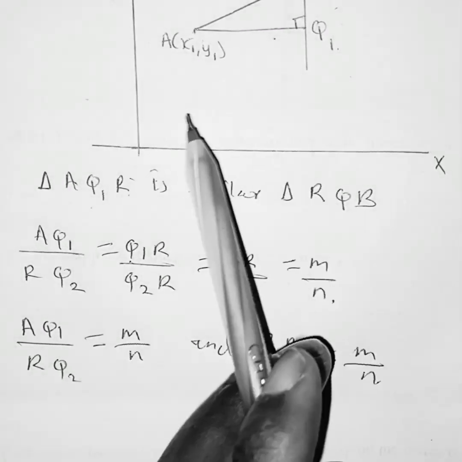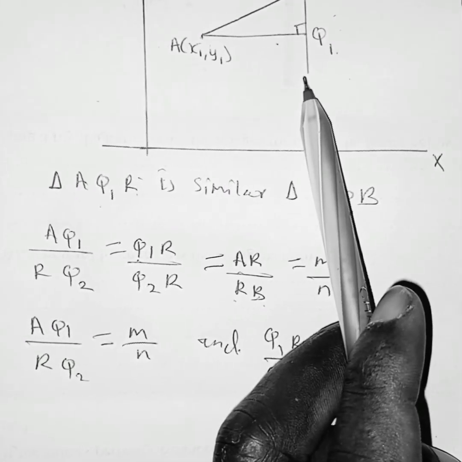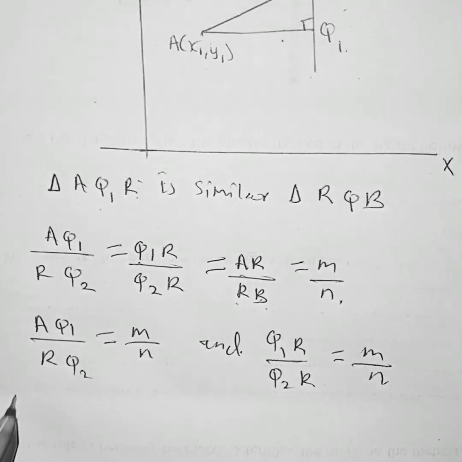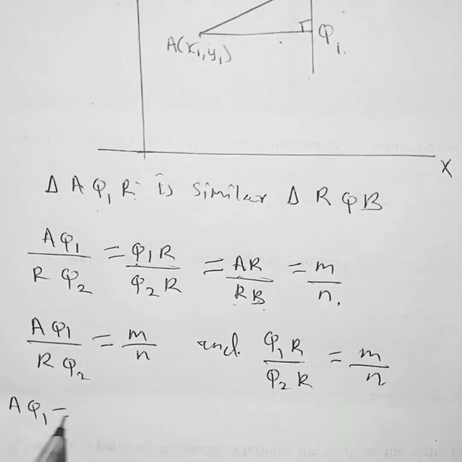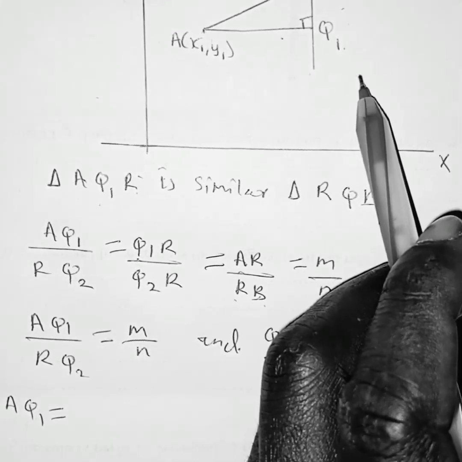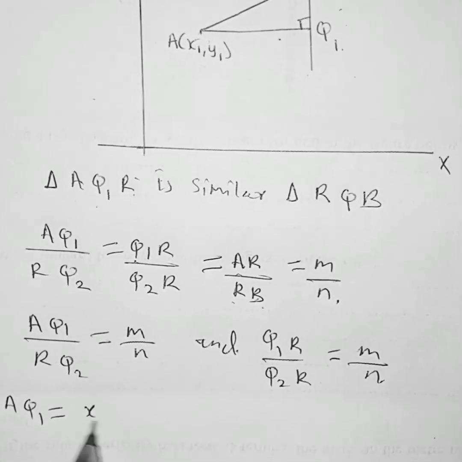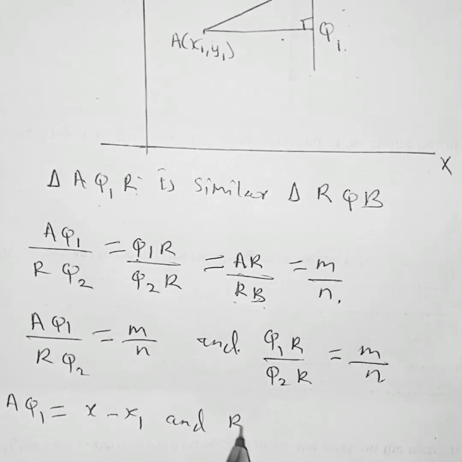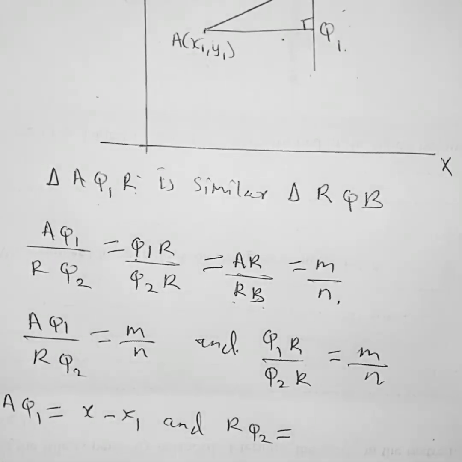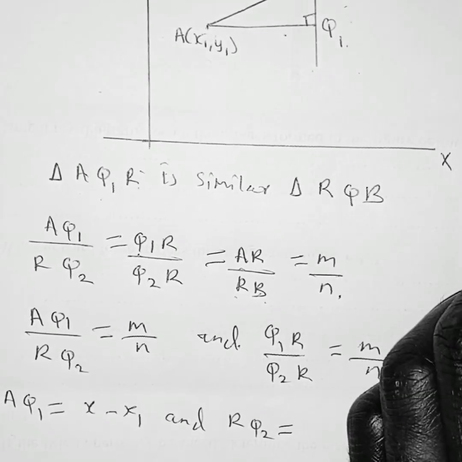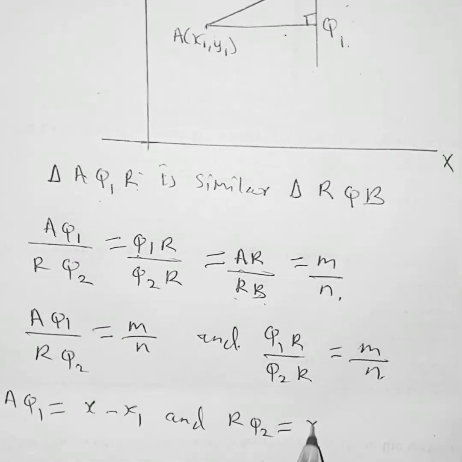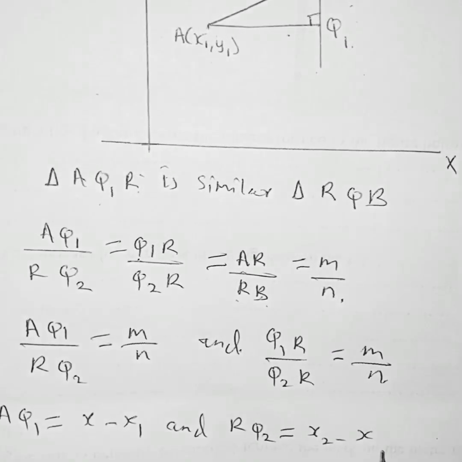Now from this triangle here, length AQ1 is the same as x minus x1, and RQ2 is the same as x2 minus x.